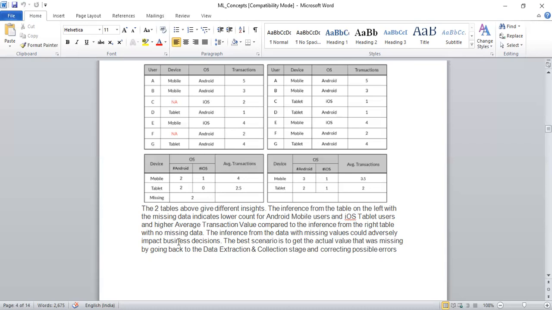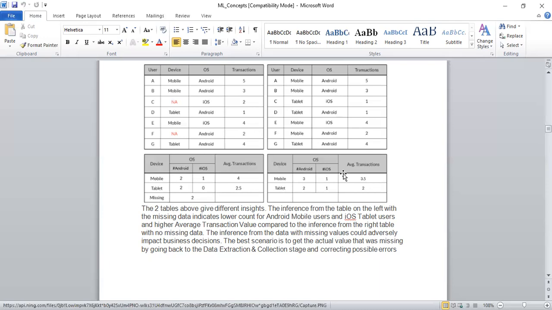Okay, because mobile device appeared here 4 times. So 14 by 4 is what? That is equal to 3.5.